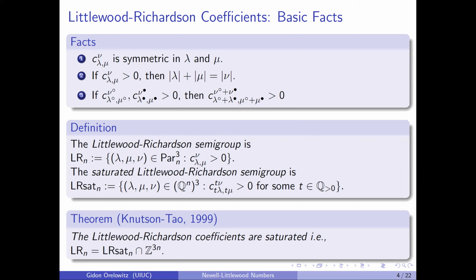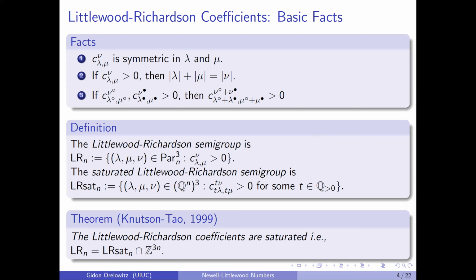And similarly, we can define the saturated Littlewood-Richardson semigroup. The way we're going to define that is by taking triples of rational partitions, and the saturated semigroup is going to be any triple of rational partitions where we can scale it up or down by a rational number to get a Littlewood-Richardson triple.